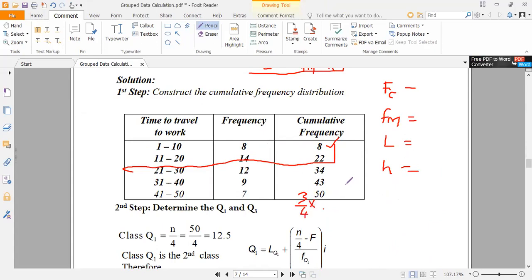What do we get? 0.75 times 50 is 37.5. So 3 over 4 of n is equal to 37.5.